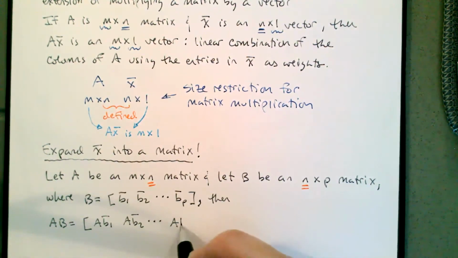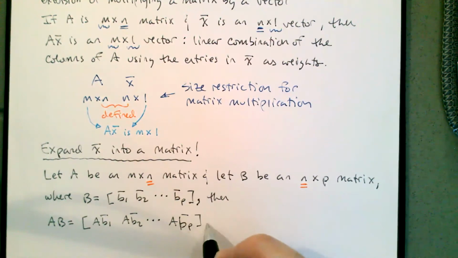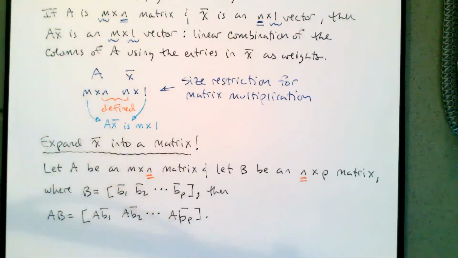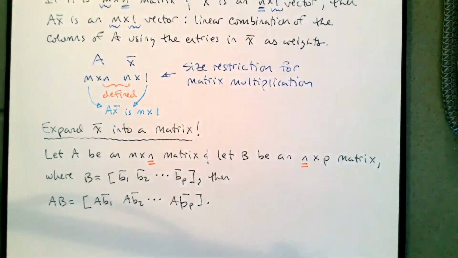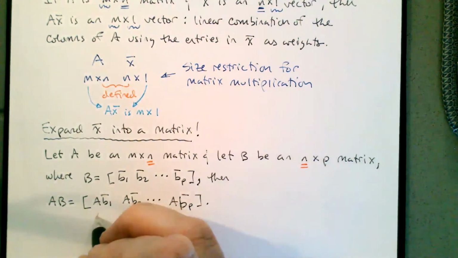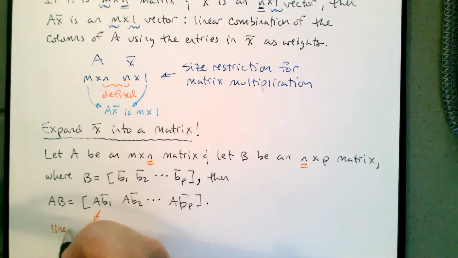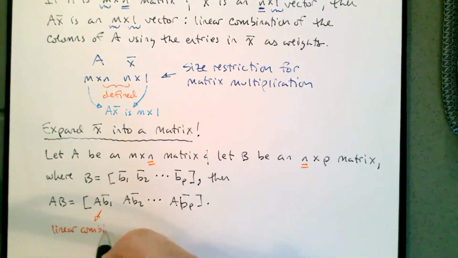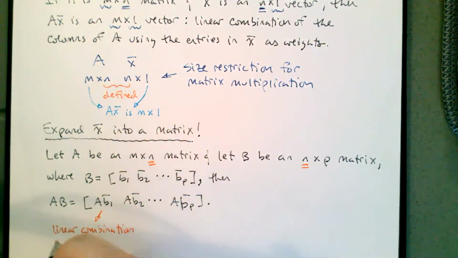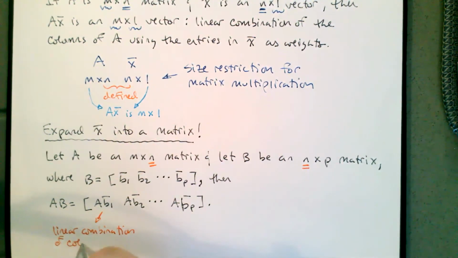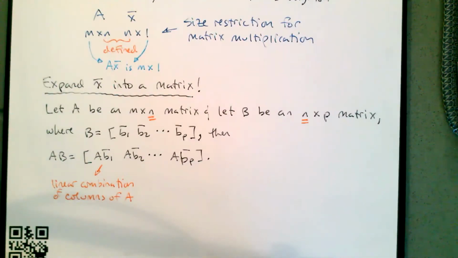And we do this all the way across. So we're still making linear combinations of the columns of A, and we're using the entries in the columns of B as weights. So this AB1 is a linear combination of the columns of A using the entries in B1 as weights.